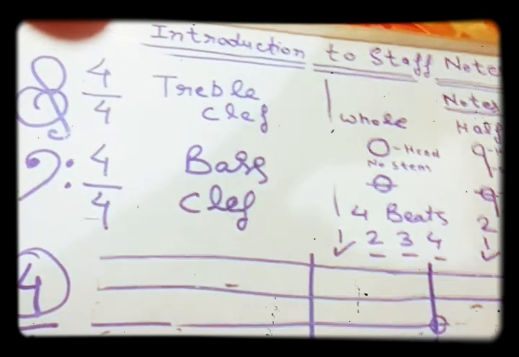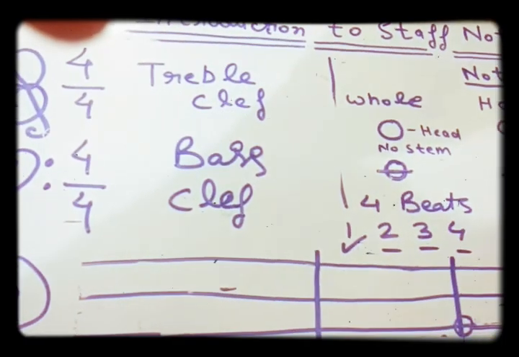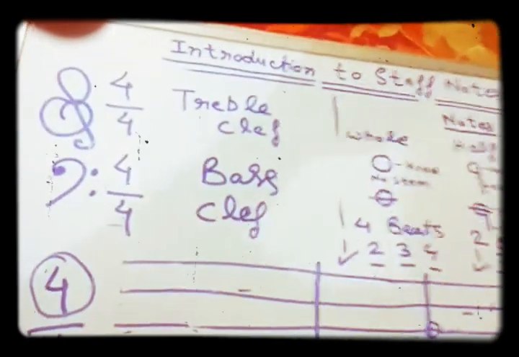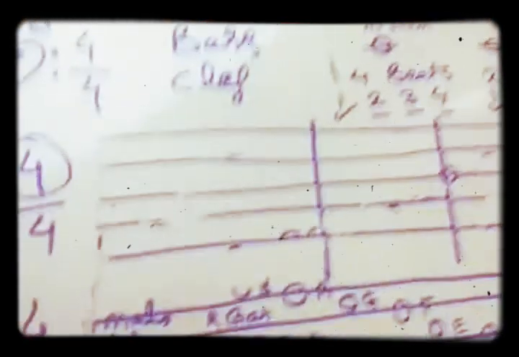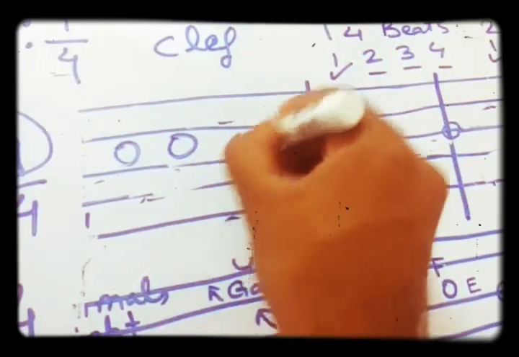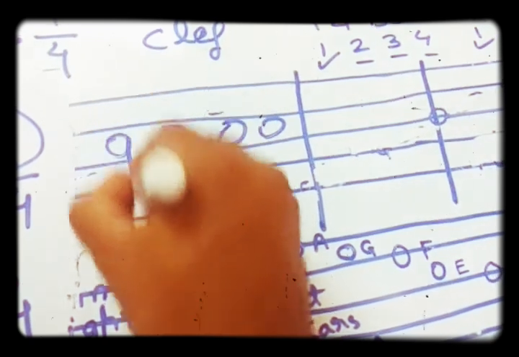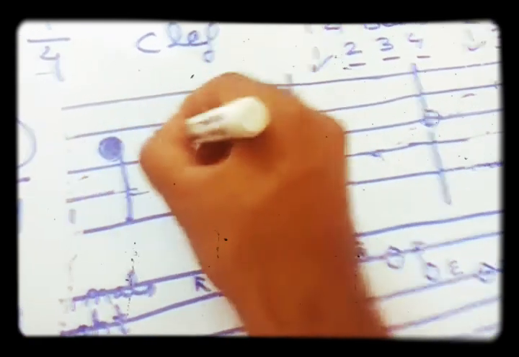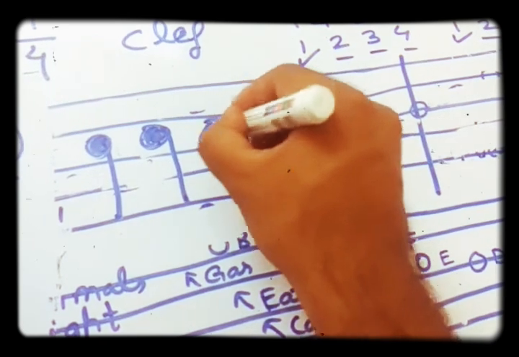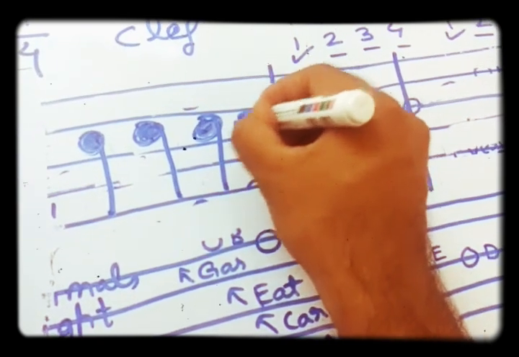We still have these lines, and what we need to do is to put the notes according to the time signature. So I'll put 4 notes, 1, 2, 3, 4, and these all are quarter notes.